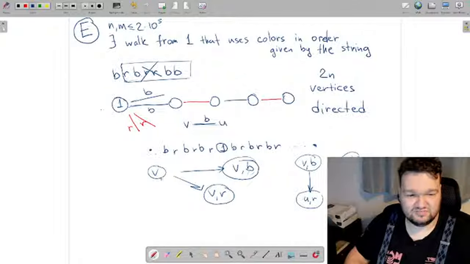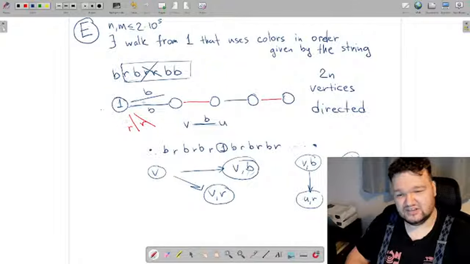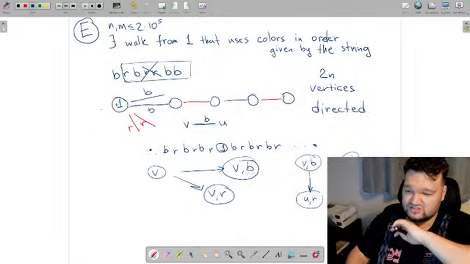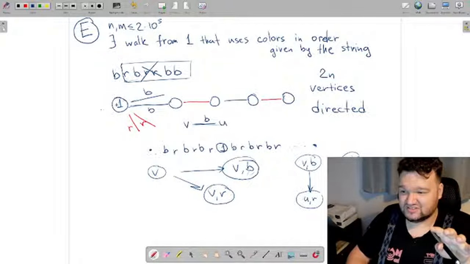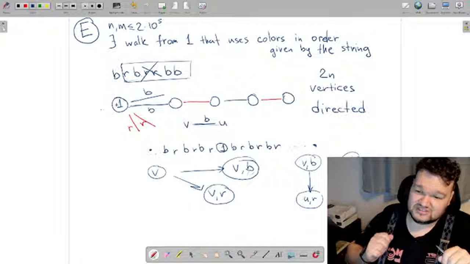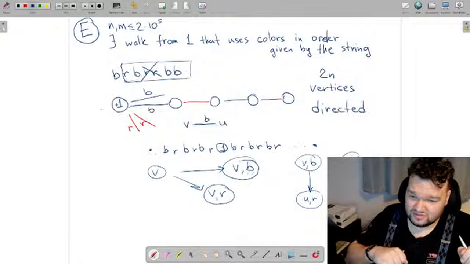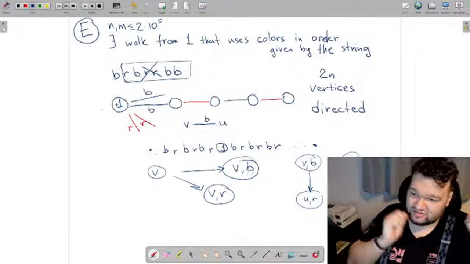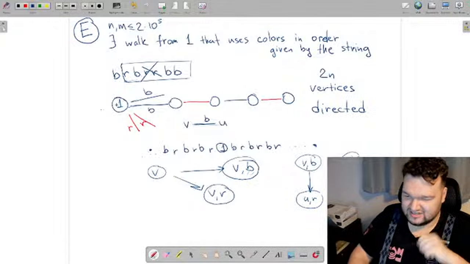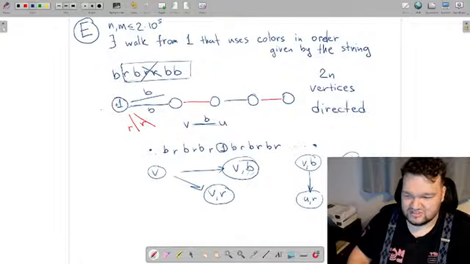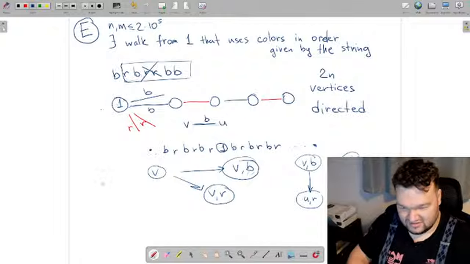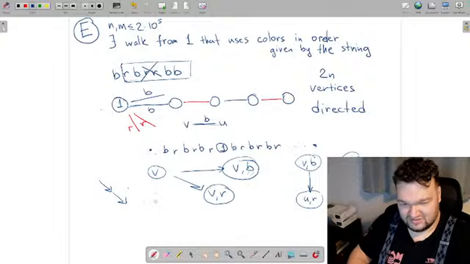I guess one simple way would be, for a fixed start, to run DFS from that start to see which vertices are reachable, and remove unreachable vertices. If we have a directed cycle on reachable vertices, then obviously we can run infinitely, right?